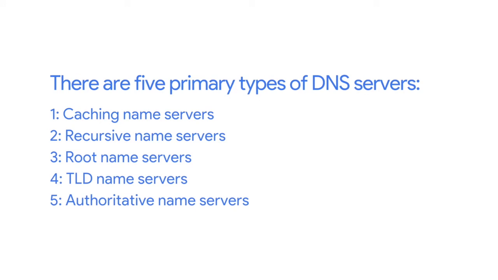There are 5 primary types of DNS servers: caching name servers, recursive name servers, root name servers, TLD name servers, and authoritative name servers. As we dive deeper into these, it's important to note that any given DNS server can fulfill many of these roles at once. Caching and recursive name servers are generally provided by an ISP or your local network.